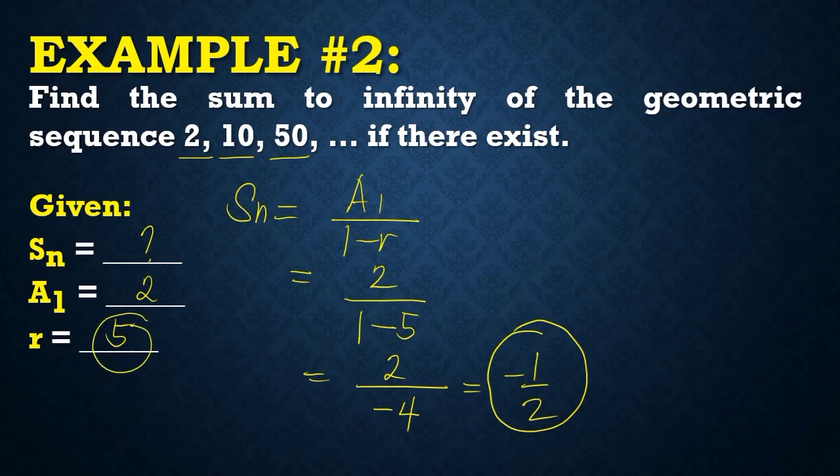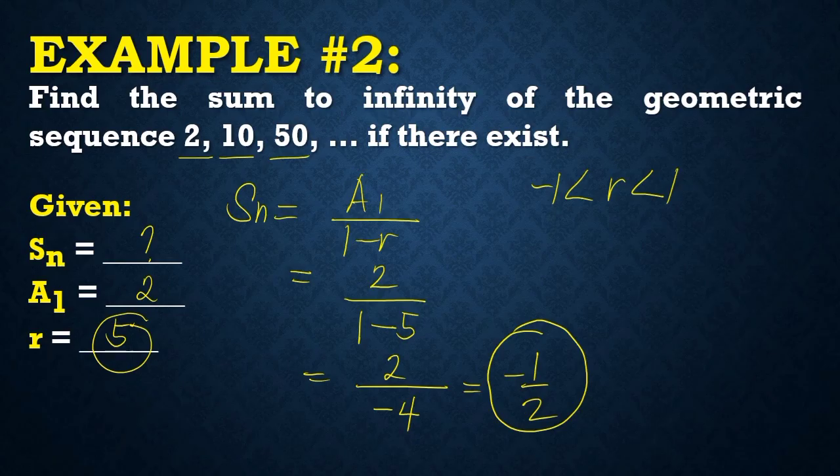So based dun sa condition ng common ratio sa infinite geometric sequence, r is less than 1 but greater than negative 1. Eh, yung 5 kasi greater than 1. So, therefore, this particular problem has no answer. So, hindi natin makukuha yung sagot. It's because the common ratio is greater than 1. So, dapat pasok lang siya sa negative 1 to 1.